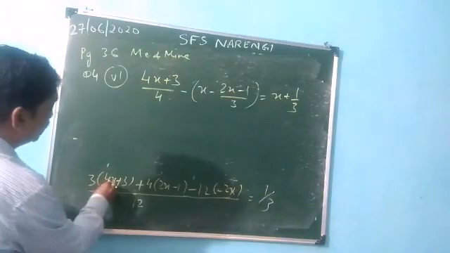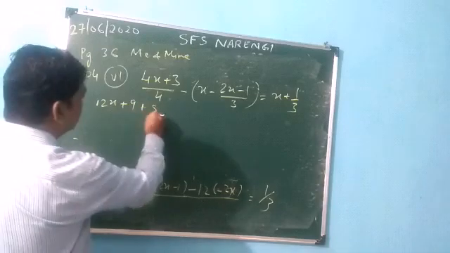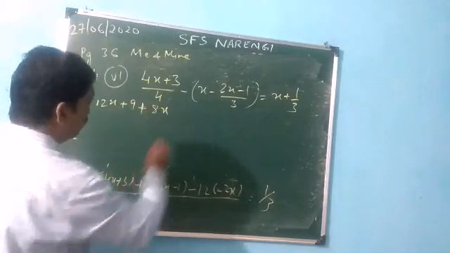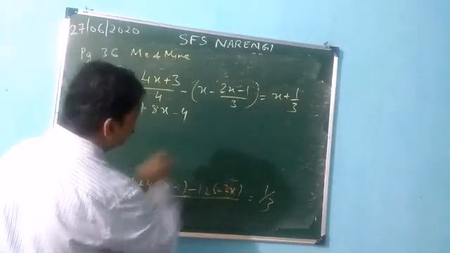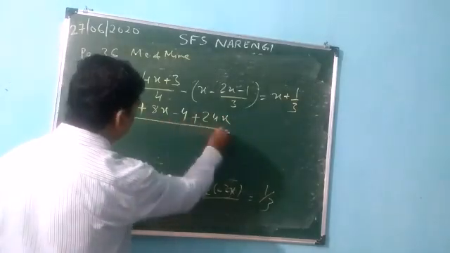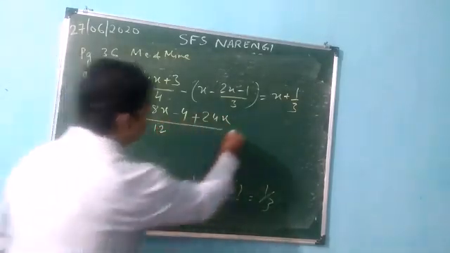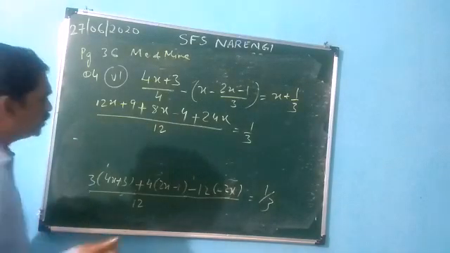After this you multiply 3 into 4, 12x plus 9, plus 8x minus 4, again minus 12, minus into minus is plus. So 12 into 2 is 24x, divided by 12, is equal to 1/3. Is this clear?